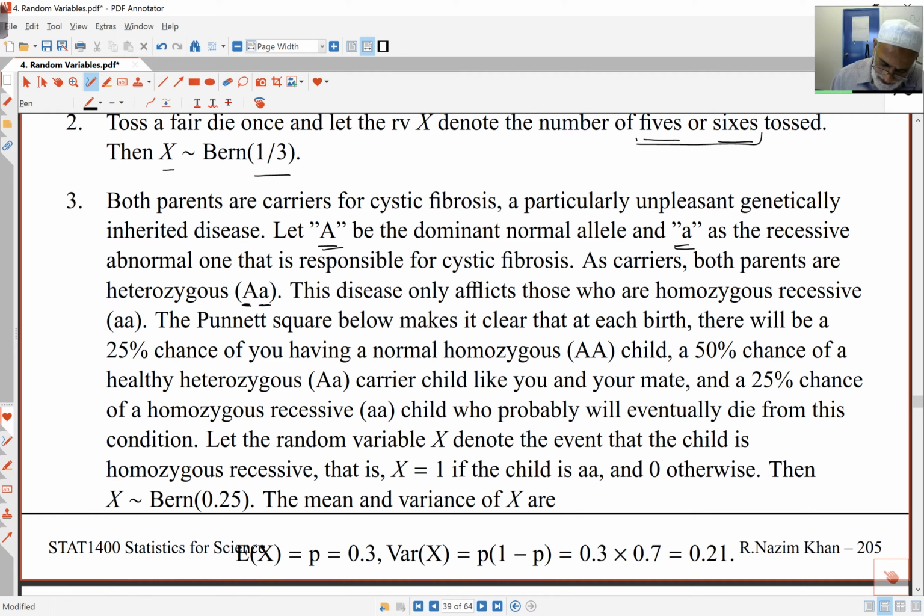Now the children can receive either A from both parents, or they can have an A from one and the small a from the other parent. If they get both A, the child is safe, doesn't have the disease. In this case, the child is a carrier, but doesn't express the disease. In this case, the child actually has the disease.